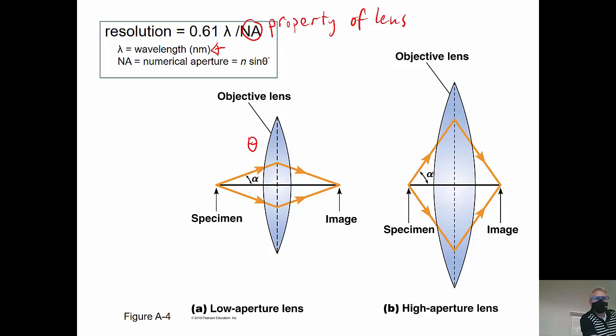So in this particular example, this would be n sine alpha, which is how far that objective lens is from the sample. It makes an angle for the light. And then n is the refractive index of what the light is passing through.